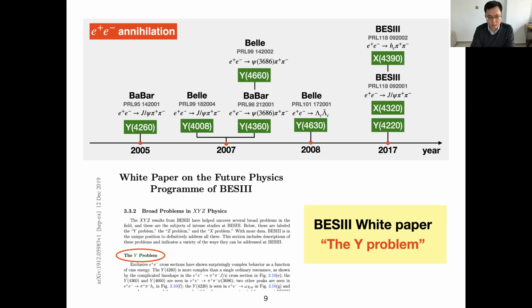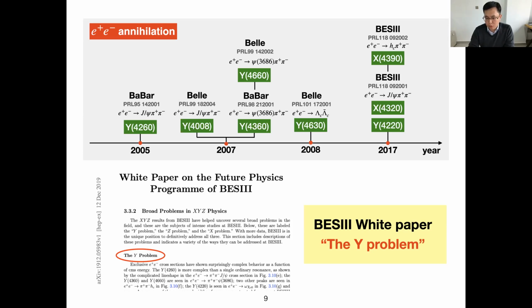They analyzed e+e- to J/psi pi+ pi- and found a peak. Later, many experiments announced observations of other Y states. In this slide, I list the observations for these Y states.